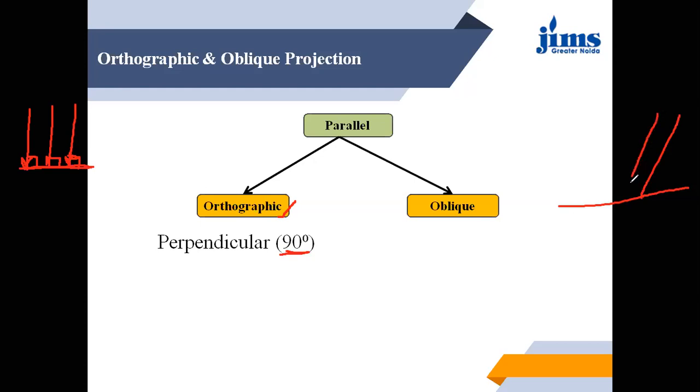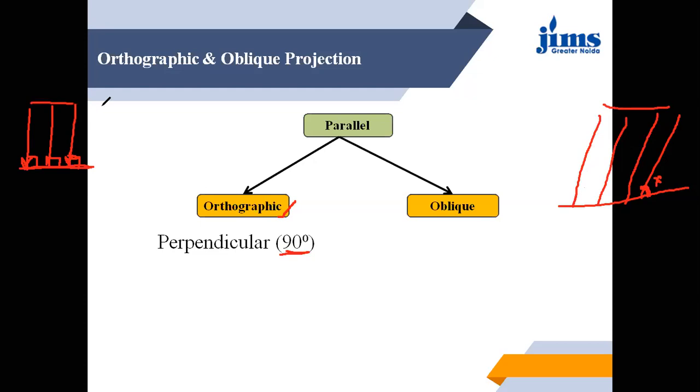These are the rays, but they do not make a 90 degree angle with the view plane. So this is not a 90 degree angle. You can see that all the rays are parallel over here, and all the rays are also parallel over here.